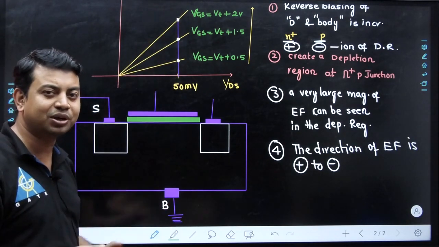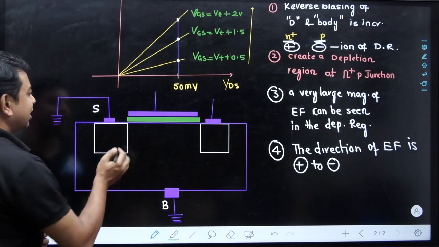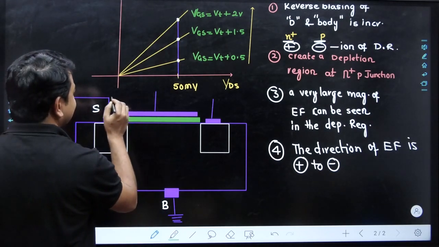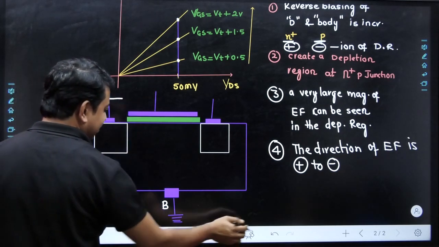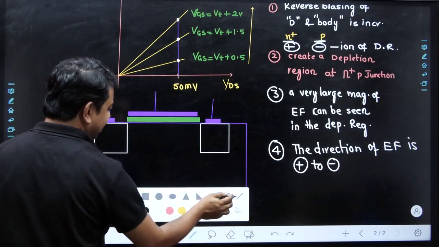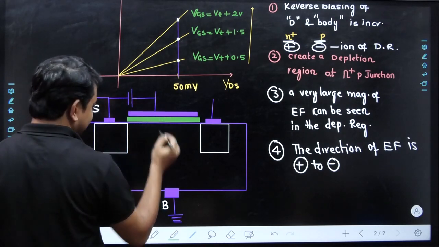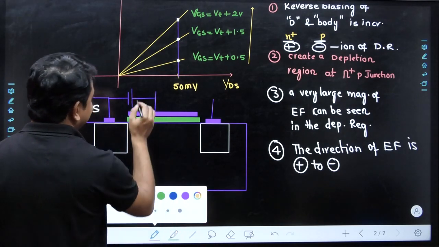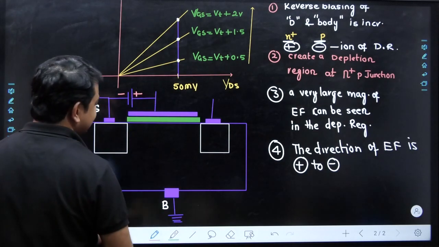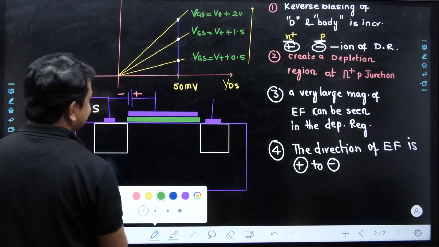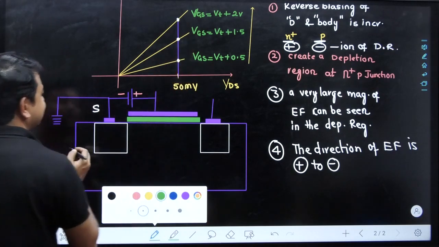So just for the sake of an example, I am taking that the gate terminal is connected with a positive voltage so that a layer of electrons has been created. So this is negative, this is positive, and because of this we have positive this side, negative this side. And because of this VGS value, I can take any example.